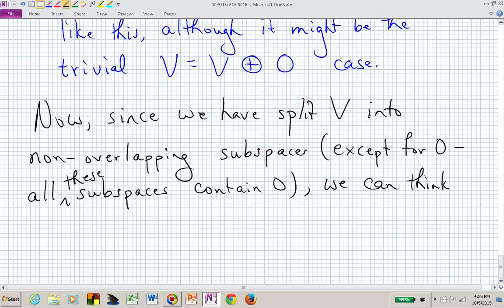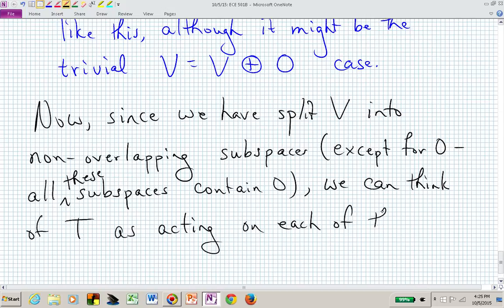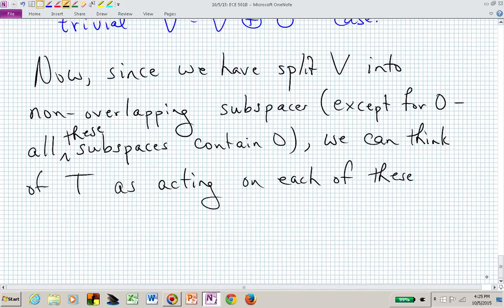We can think of T, this is our linear map, as acting on each of these subspaces in our direct sum decomposition independently.